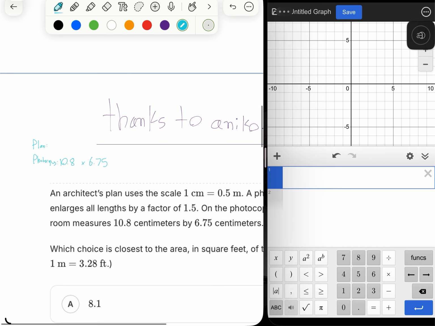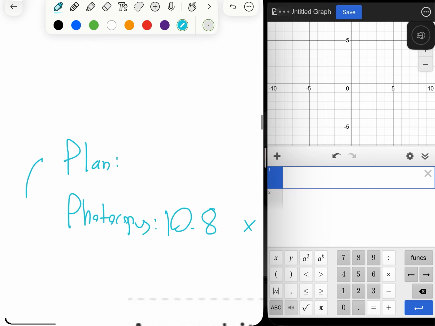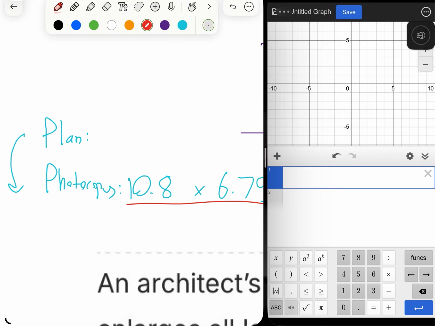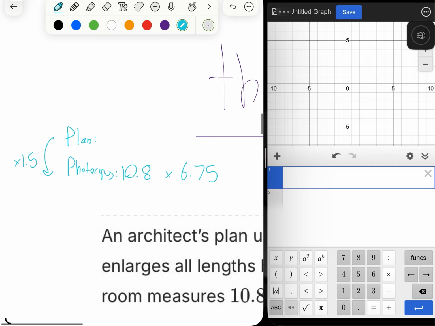And we know that the photocopy enlarges by a factor of 1.5. So it makes it bigger by 1.5 of the dimensions in the original plan. So that means you multiply 1.5 to the original dimensions to get larger dimensions for the photocopy.